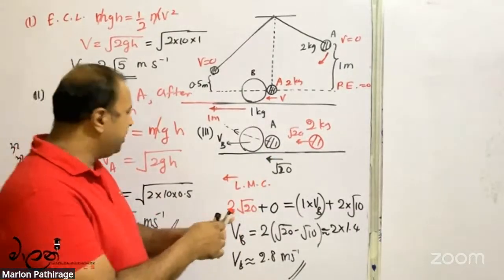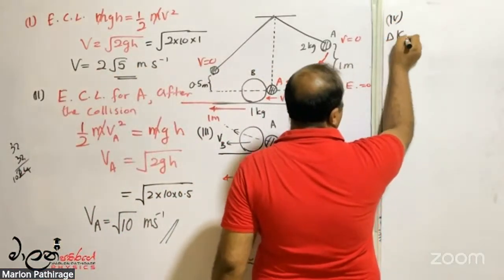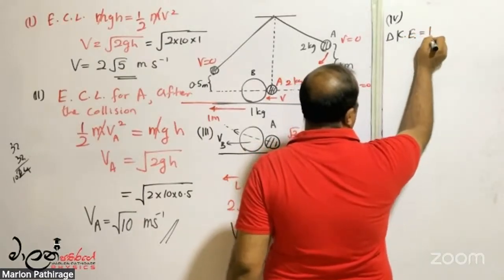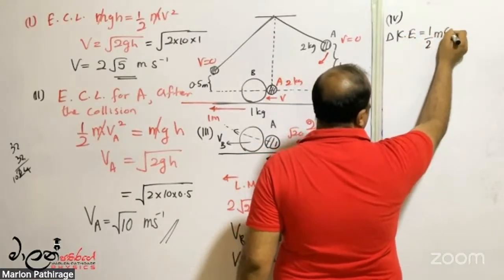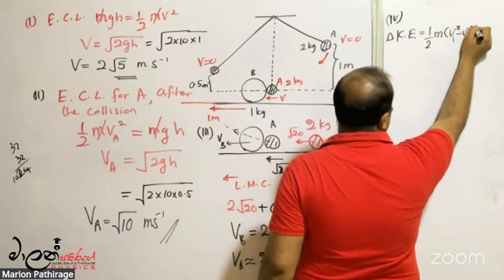Therefore, the kinetic energy lost is equal to half m times v1 squared minus v2 squared.